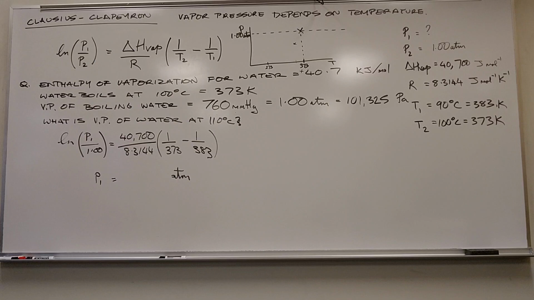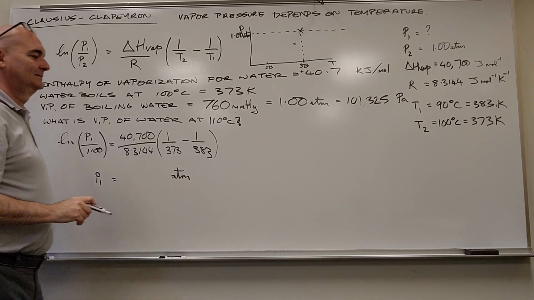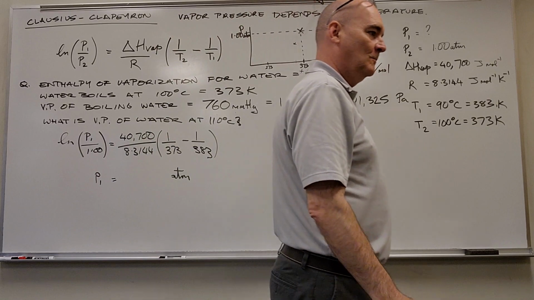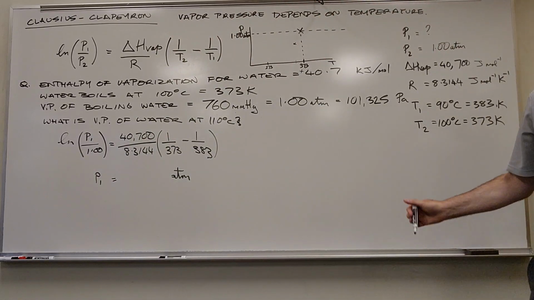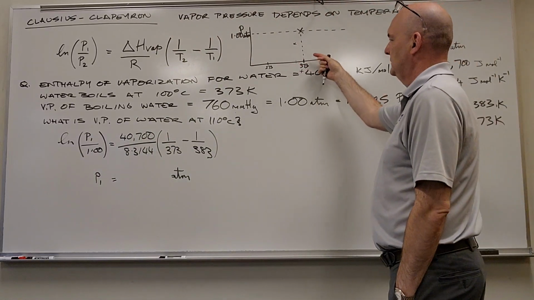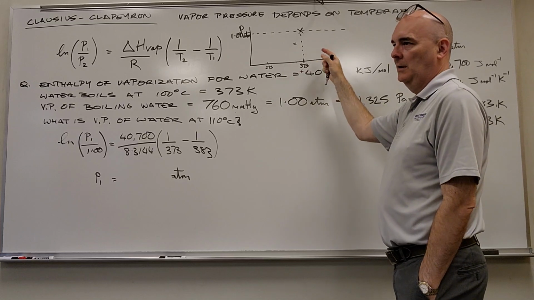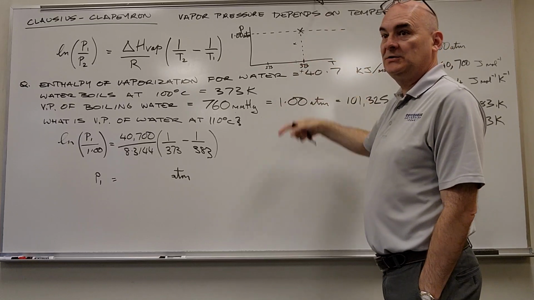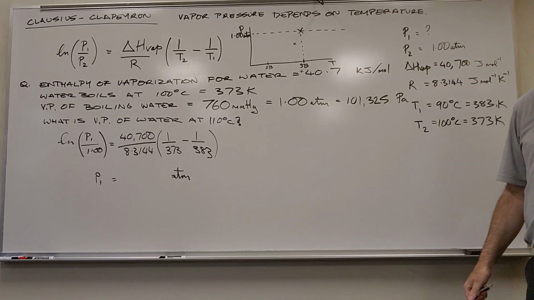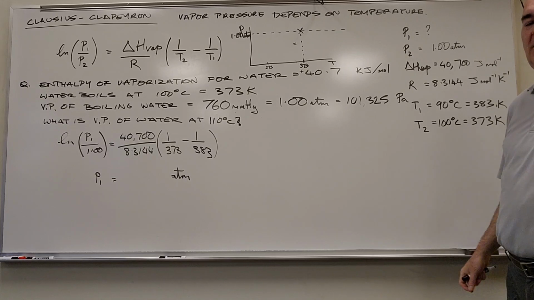You ever seen a sheet of ice with the mist coming up off of it? Yes. There you go. So going down 10 degrees Celsius, 10 Kelvin, gave us a 30% reduction in our vapor pressure.